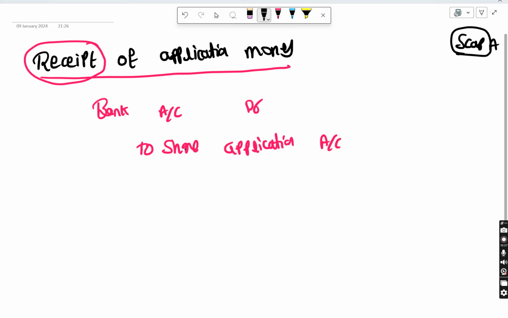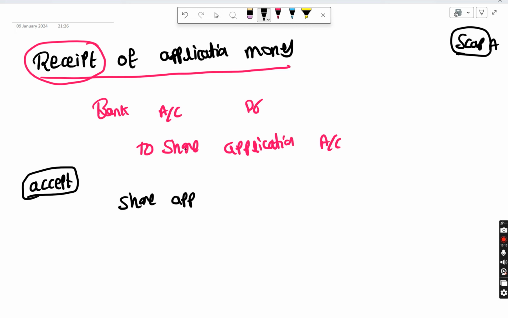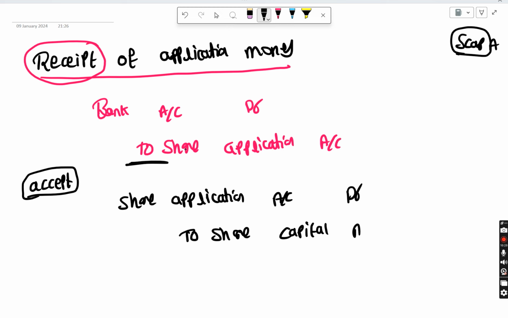Now when we accept that application, from that dummy account, share application account, debit, because previously we have credited, to share capital account. Remember, capital is a liability and shows a credit balance, so that's why we always credit the share capital.